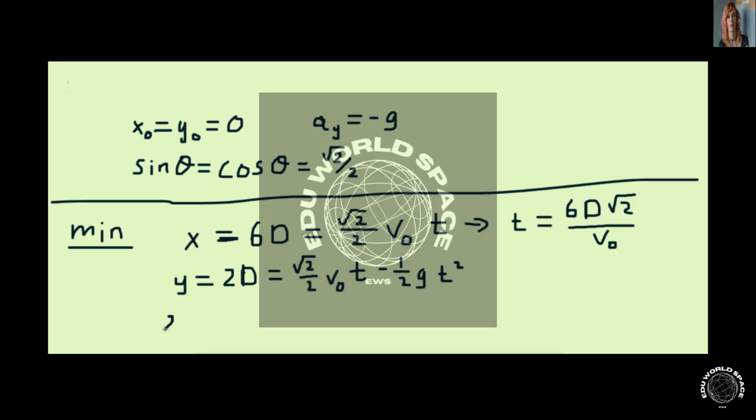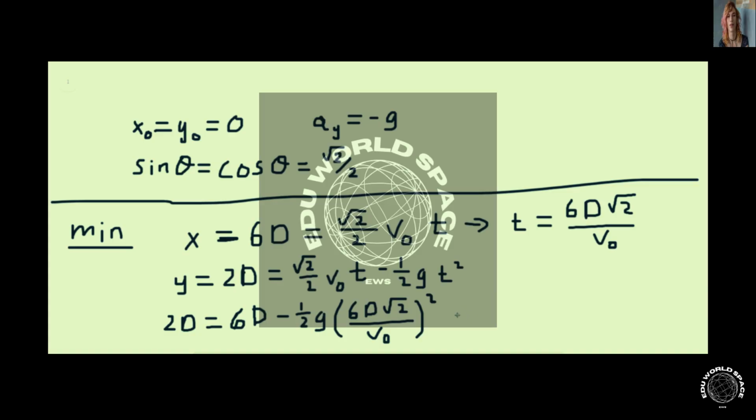So therefore we have 2d is equal to, plugging in the value for time, the v naughts are going to cancel, and then this is going to leave you with 6 times d. Minus 1/2 times gravity, and then plugging in the value for t, again, it's 6 times d times the square root of 2 divided by v naught, and then all of that is squared because that time value is squared.